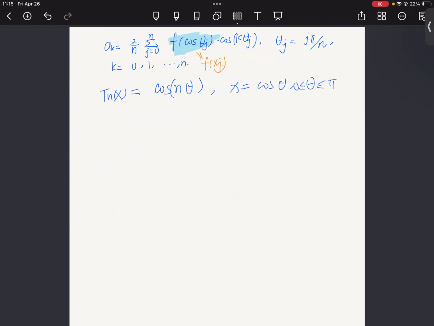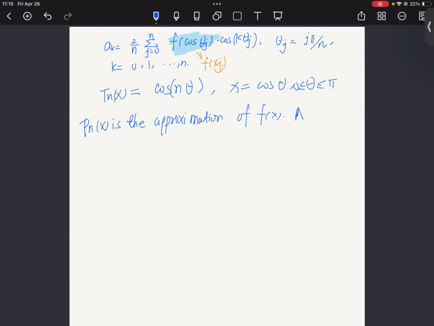I have told you the general idea of the interpolatory quadratures: we get the interpolation of the function, then integrate that interpolation, and then we get the approximation. So Pn(x) is the approximation of the f function.